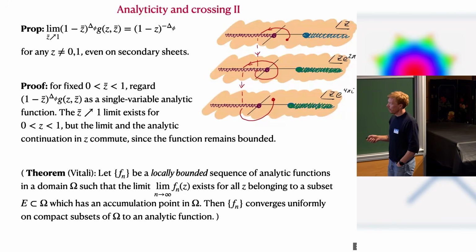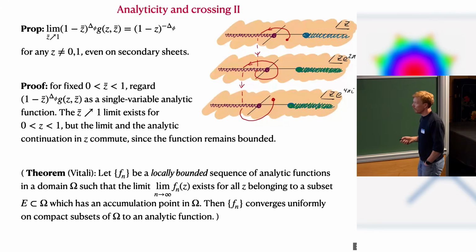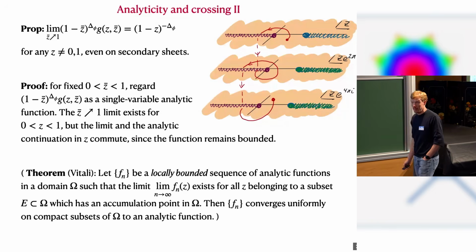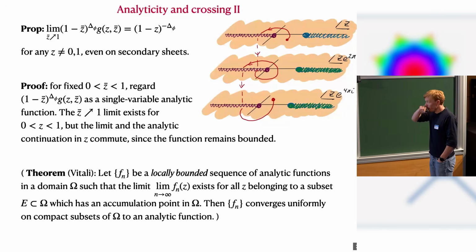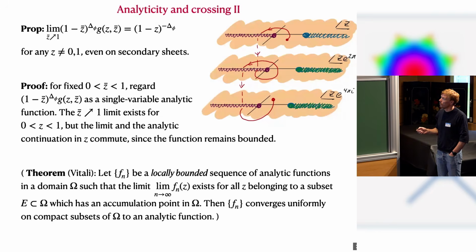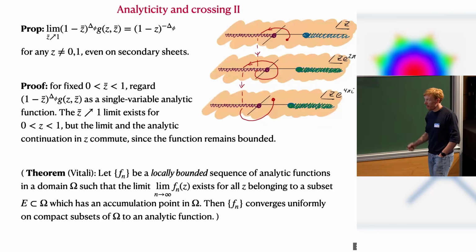Then the limit and the analytic continuation commute, essentially. That's what this says: it converges uniformly on compact subsets of omega to an analytic function. So this is a nice little theorem, and we already know something more about the approach to these branch points than we knew before, just using complex analysis techniques.